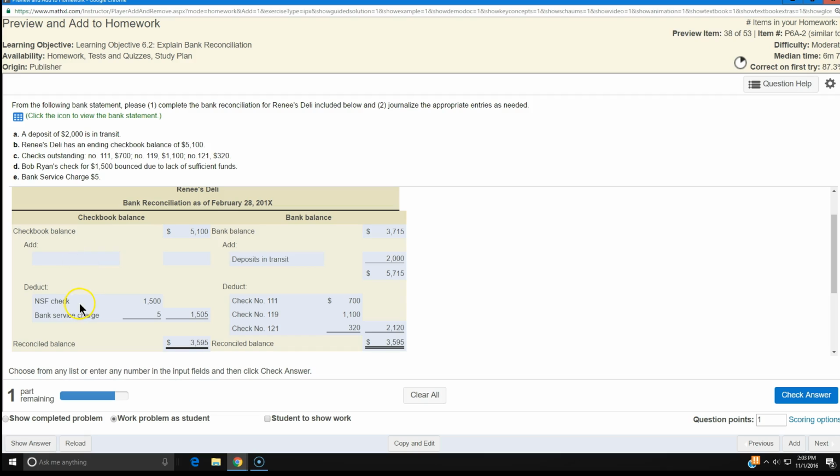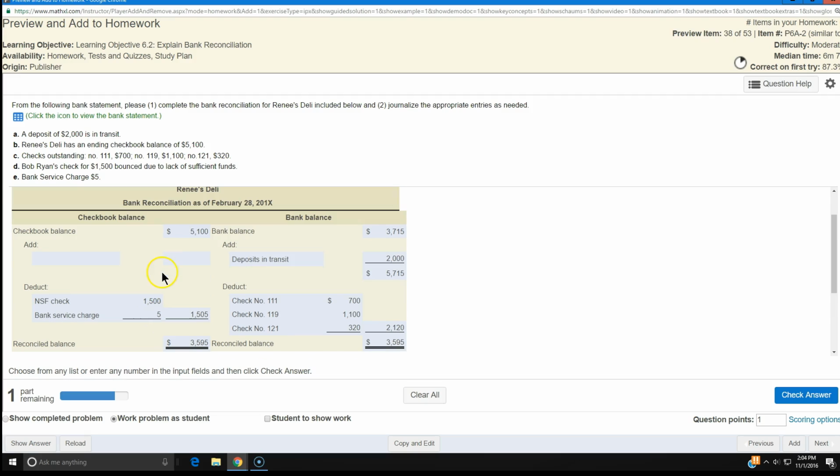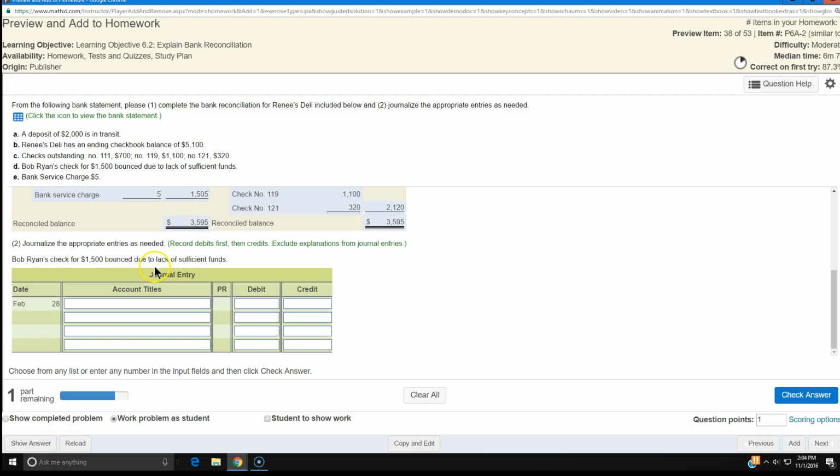But for the NSF check, the people that owe us are our customers, and we have to reestablish the account receivable for $1,500 and take the $1,500 out of the cash account. And the $5 that we pay for the service charge, that too has to come out of the cash account, because those two amounts are still included in the $1,500.